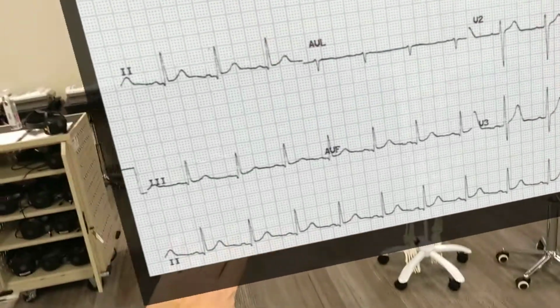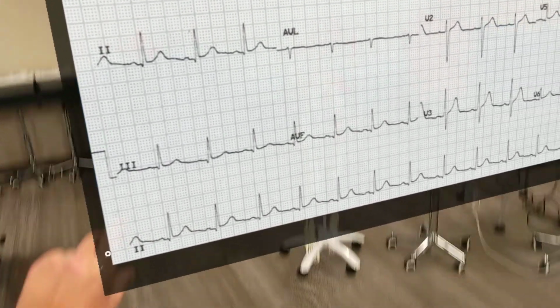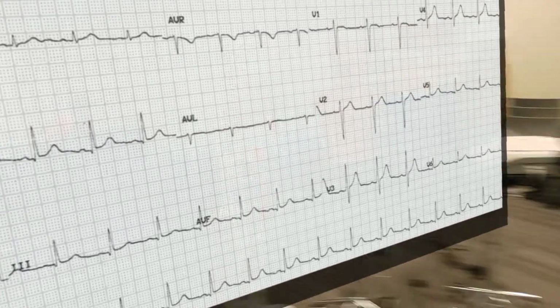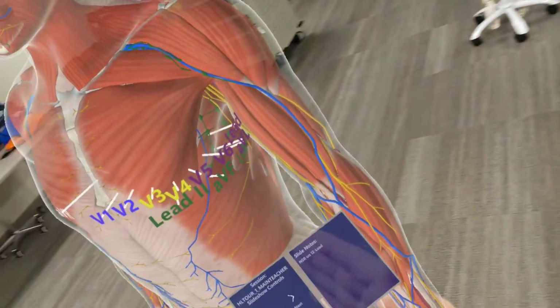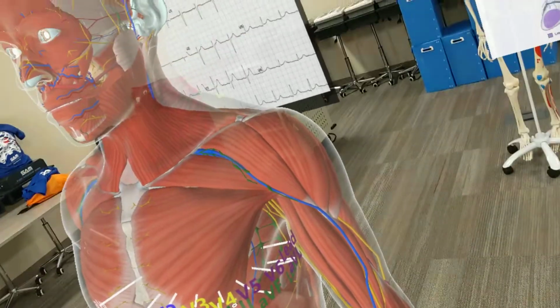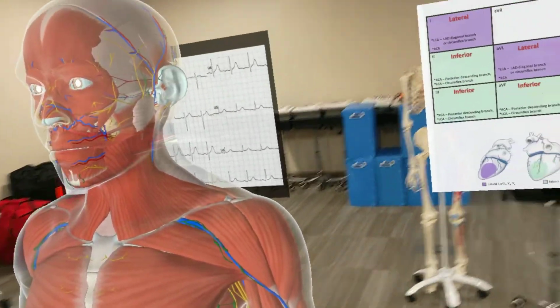And this bottom one is our monitoring lead. Most monitoring leads are placed on lead 2. It gives us the view of the majority of that left ventricle. So it gives us an overall picture of how the heart is doing.